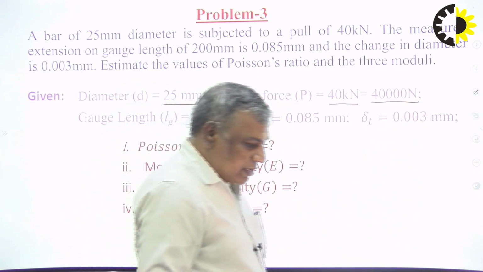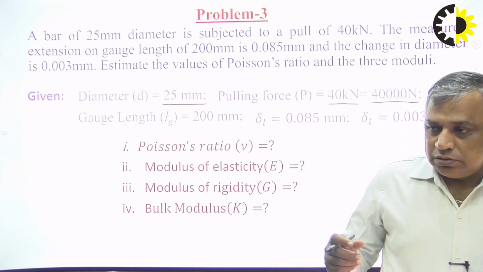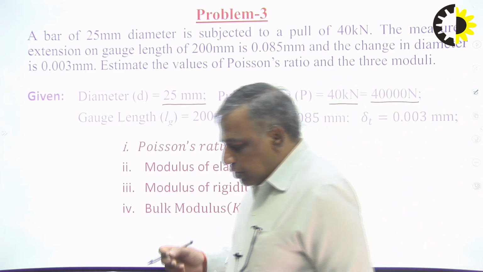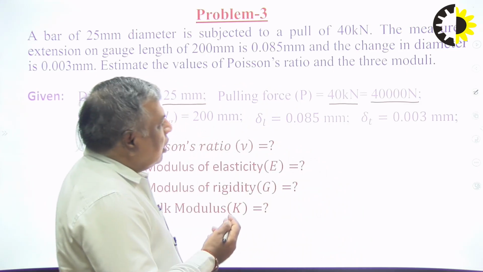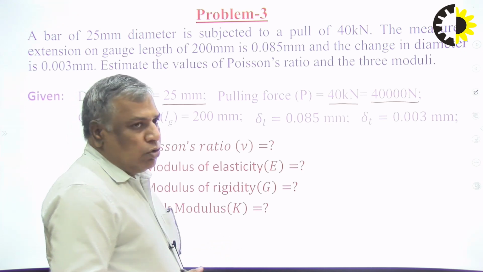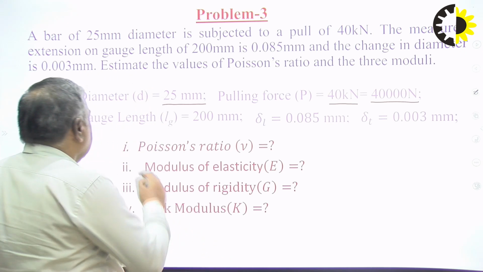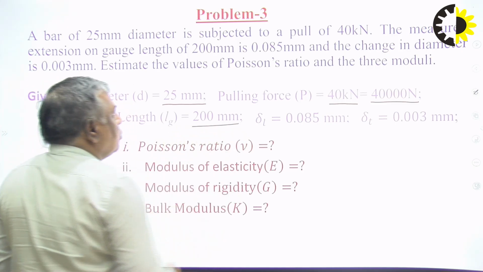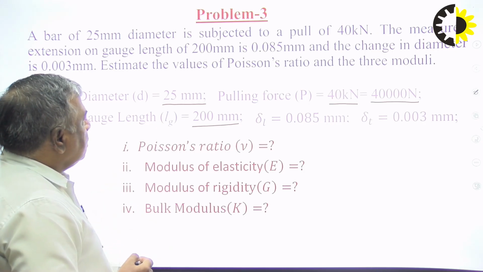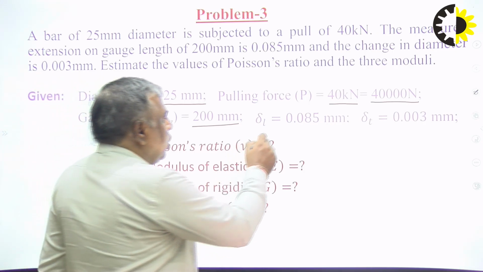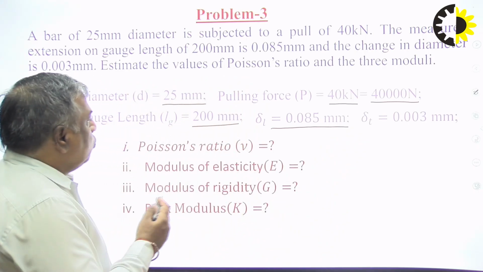Again, I emphasize that I use the units as Newton per mm square, so I convert kilonewton into Newton, although there is no problem if you use kilonewton. The gauge length is 200 millimeter for this bar, and the elongation in this bar is 0.085 mm corresponding to this load.